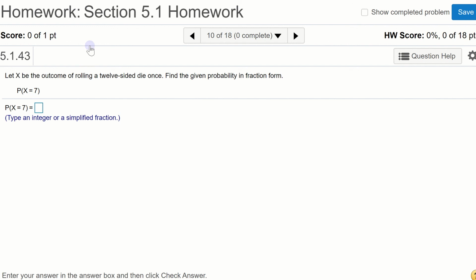So remember, you don't want to be in autopilot mode and go, oh, it's a die, so it's going to be 1/6. No, this is a 12-sided die. So the probability of it landing on any one of those 12 numbers is going to be 1 out of 12, or 1/12. So be careful with those.